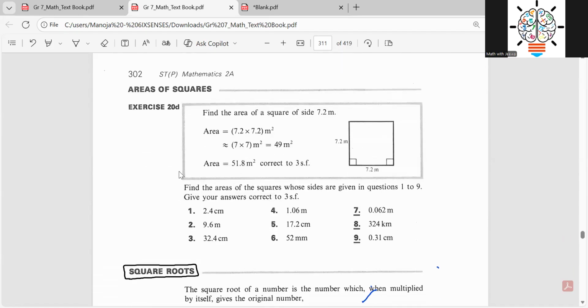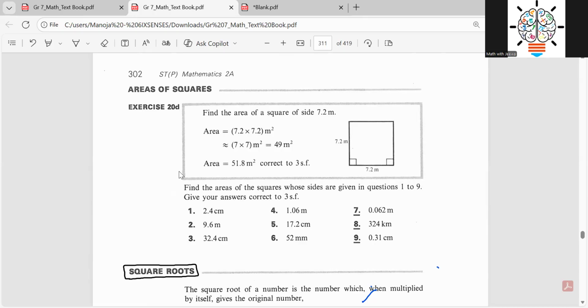Now you just see that again, you want to find the area of the square. You know that the square is a 2D shape where all the 4 sides are equal. If you know the one side, you know all the other 3 sides will be taking the same value. And here it is 7.2 times 7.2, right? And then what we do, they have corrected it to the first significant figure.